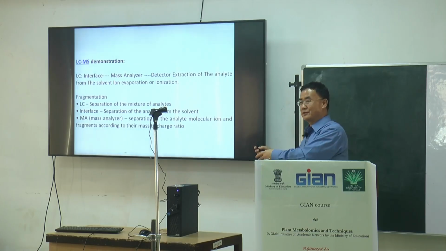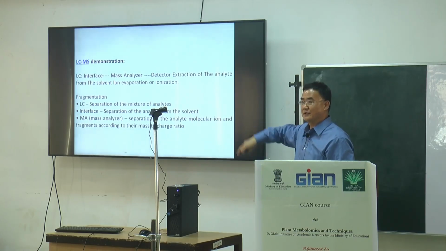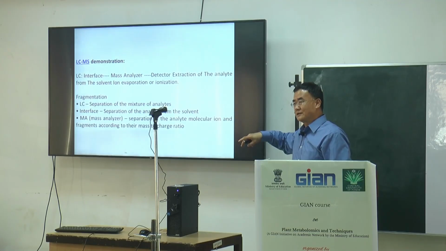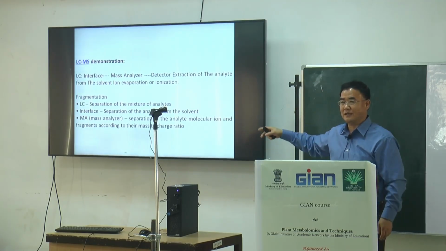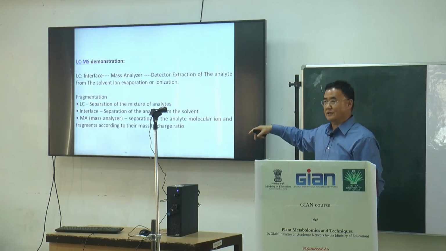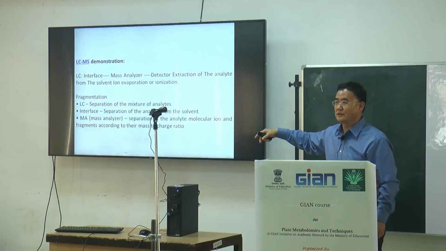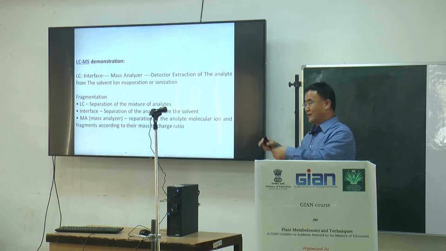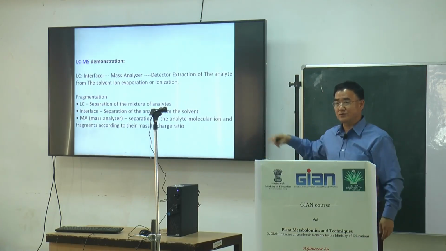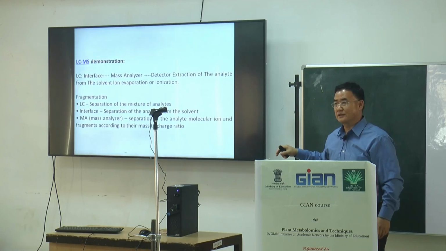Then they continue to separate. Eventually, all of them hit the signal collector, the ion collector, and finally give a signal. Then we use software to transform those signals into the m/z, the mass-to-charge ratio.